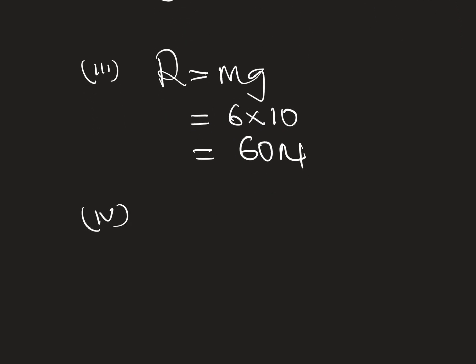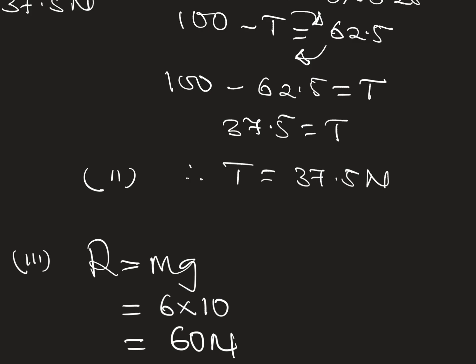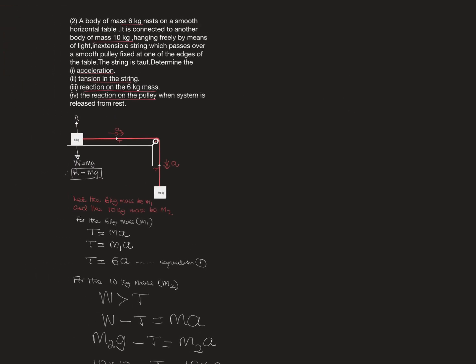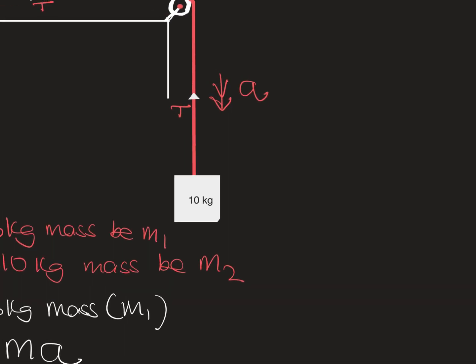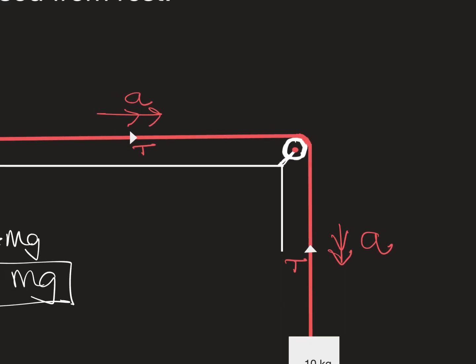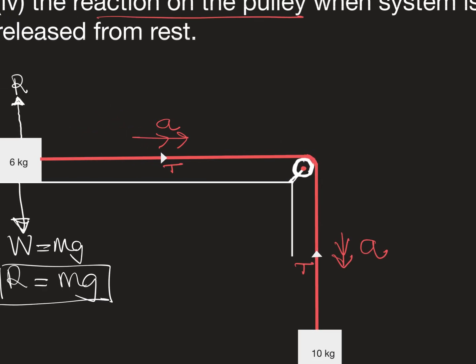Question 4 is asking us to find the reaction on the pulley. The reaction on the pulley will be the force that will act like this. Let's just call it F. To find the reaction on the pulley, we know that there are two other forces acting on the pulley, which are T and the T that we have here.